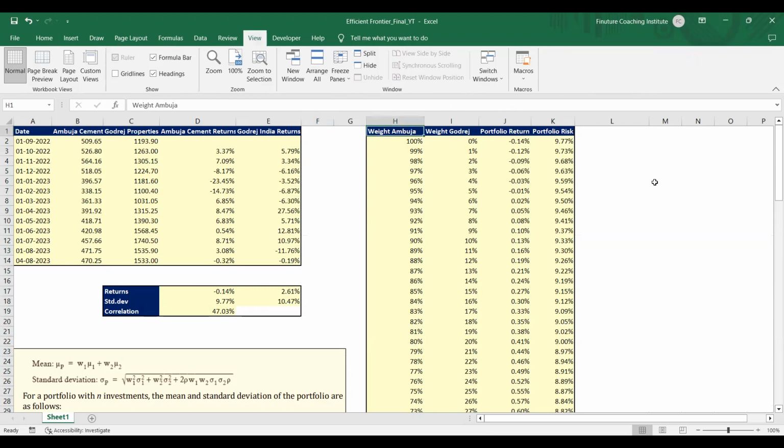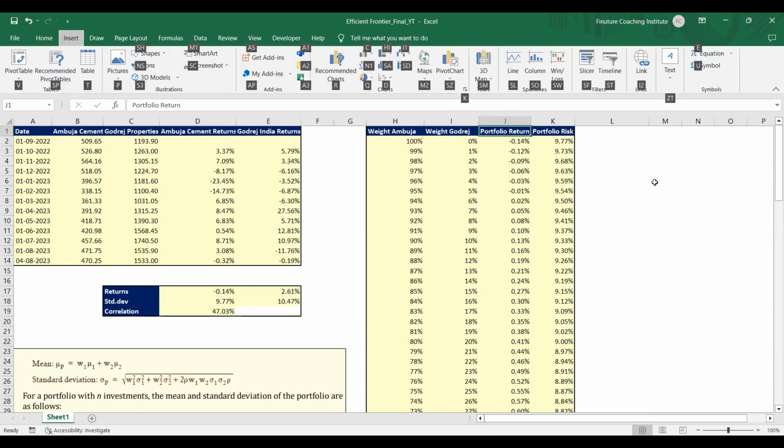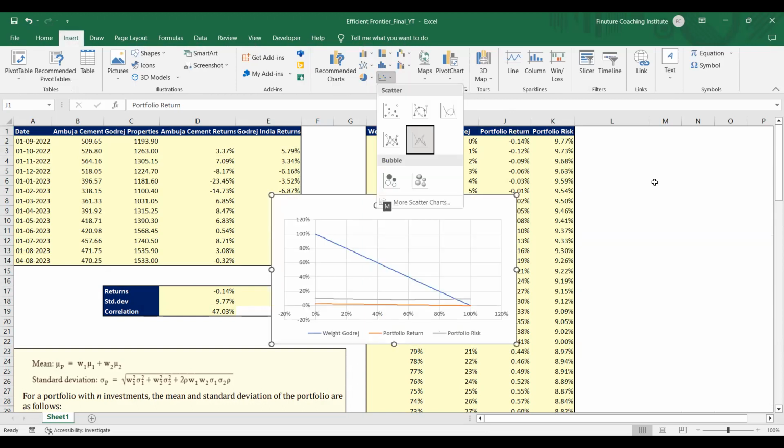Okay, yeah. Now we'll put a scatter plot to understand it better. Let me just put it over here.